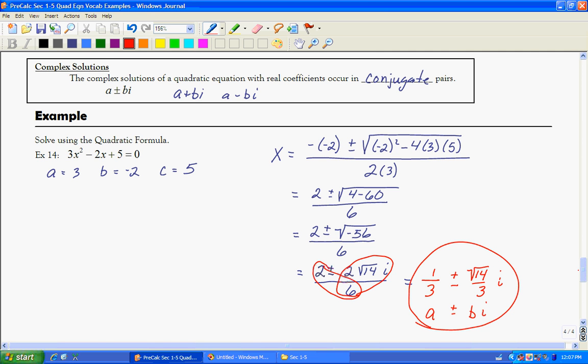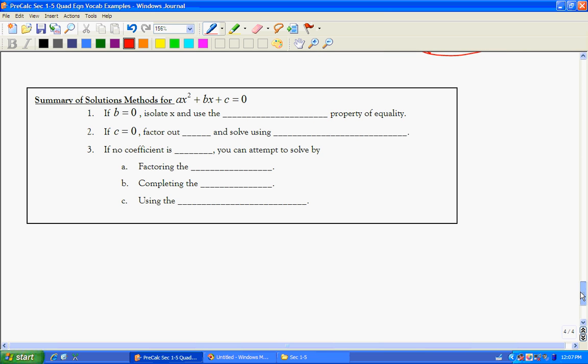So let's summarize some of the things that we've gone over. Some methods for solving quadratics. If our b value is 0, we can isolate the x term and we can use the square root property of equality. If we have a c value of 0, we can factor out the greatest common factor.